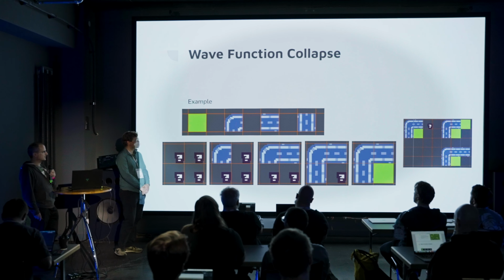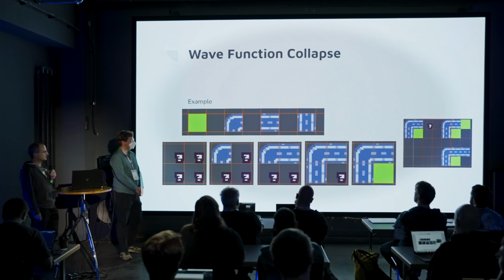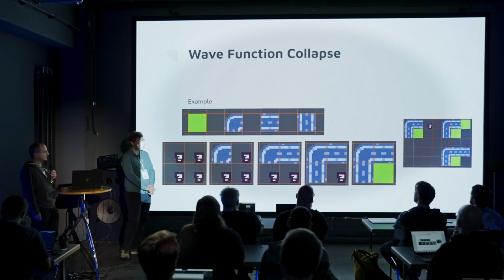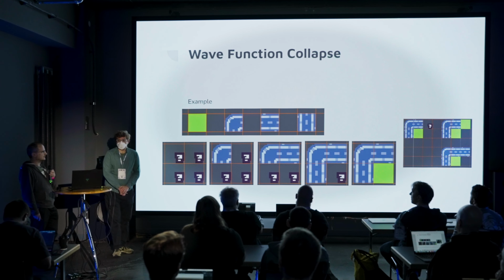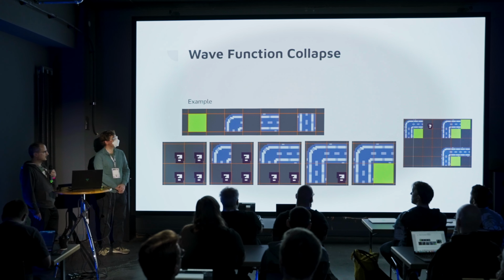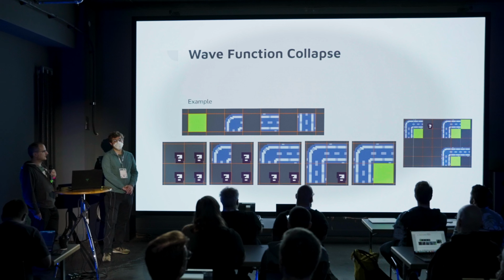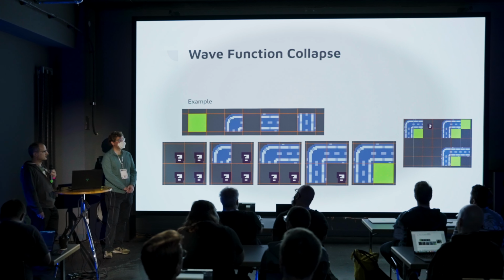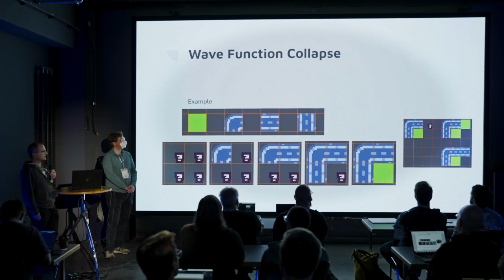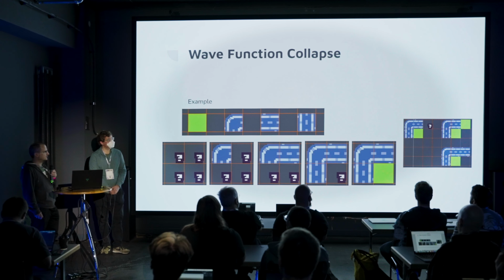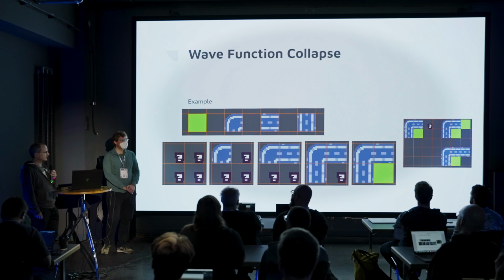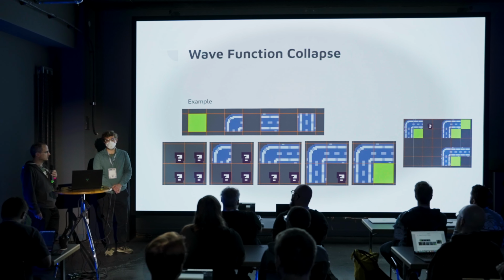And then one further to the right, down below, you see another one is revealed. And then at the end, I just put the green tile. But it really depends on the rules, how this goes on. So can a road just end? Can there be a green tile, or does the road continue? Yeah, it's very fun to experiment with, but we talk about this later once more.